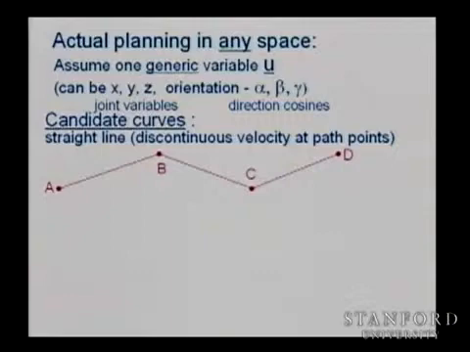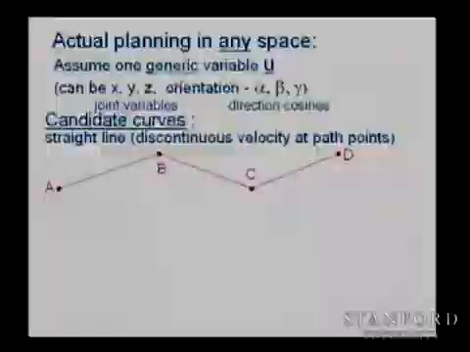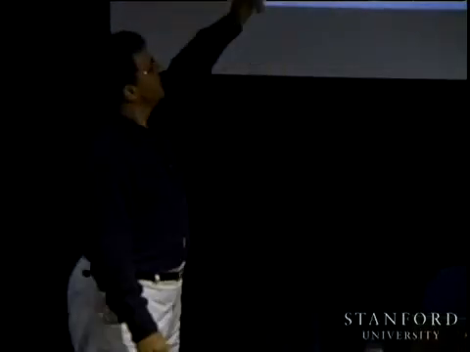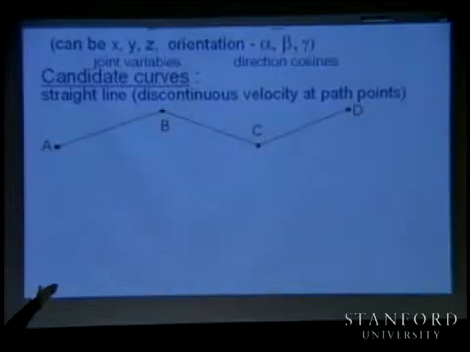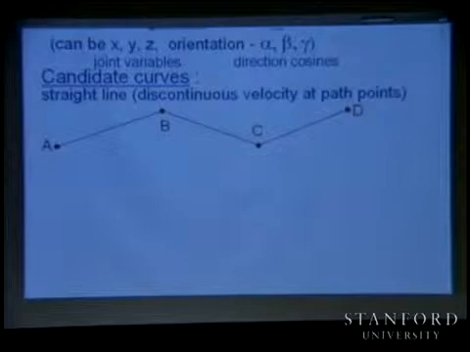So here is an example. You want to go from point A to point D via points B and C. A is the initial point, D is the target point, and B and C are intermediate points. The simplest trajectory is to go from A to B, B to C, C to D along straight lines.